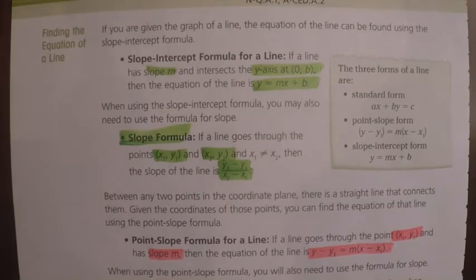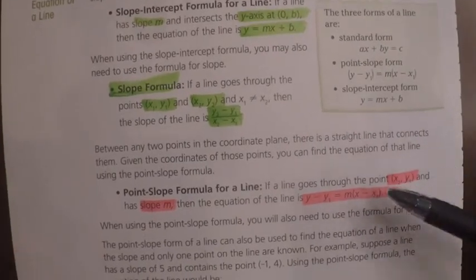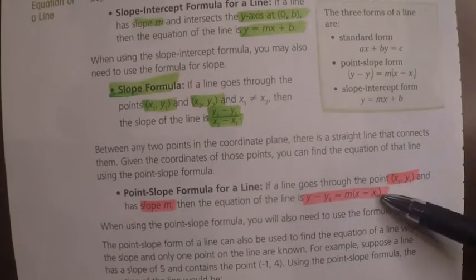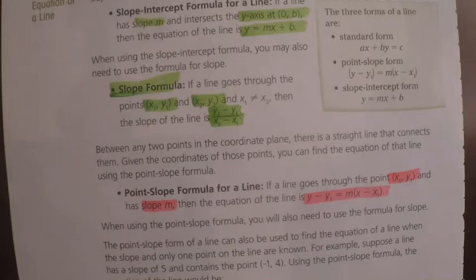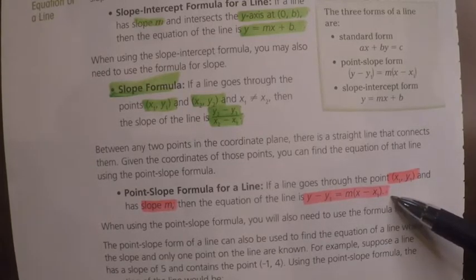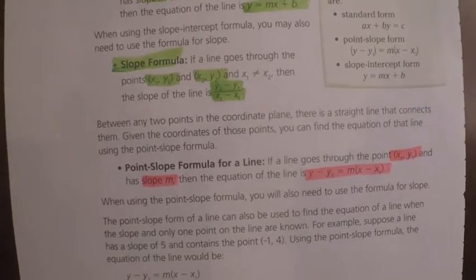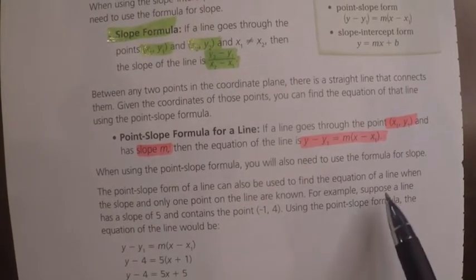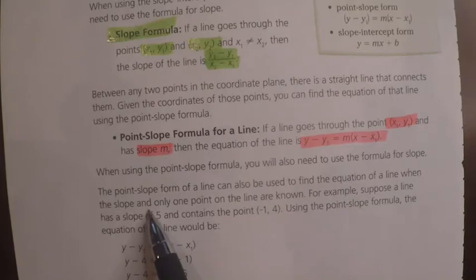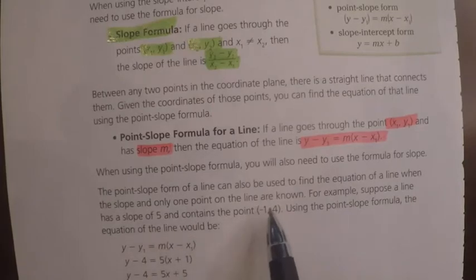Once we have this, we can either simplify our equation or just look to see if it's a multiple choice and that's the answer they're looking for. It says when using point-slope formula, you will also need to use the formula for slope. Sometimes we will, but often we will be given the slope, and that's why we choose to use the point-slope formula. The point-slope formula can be used to find the equation of a line when the slope and only one point on the line are known.